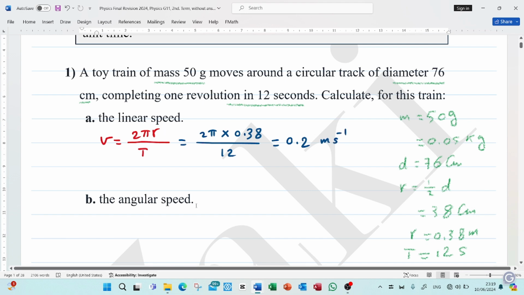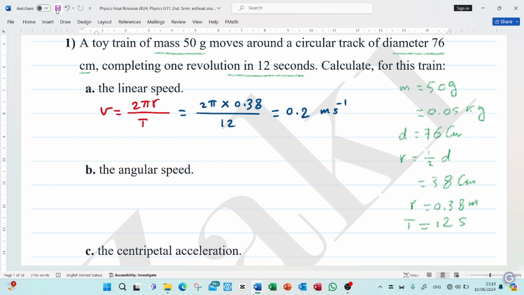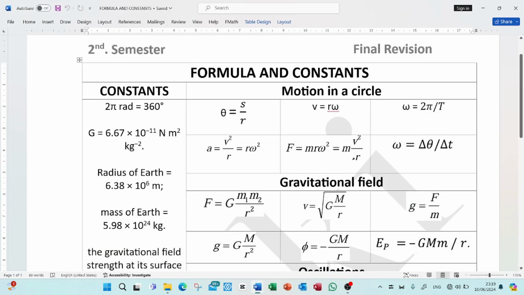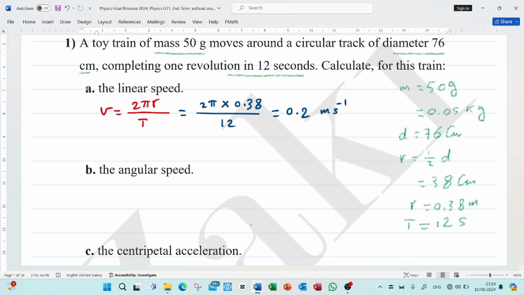Second part, the angular speed. Now we go to the formula sheet. Yes, for the angular speed, V equals omega R. So we can get omega from this. Now return back here.